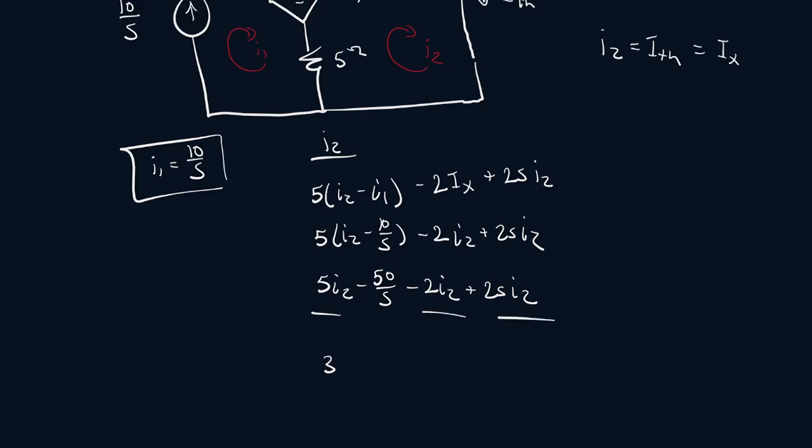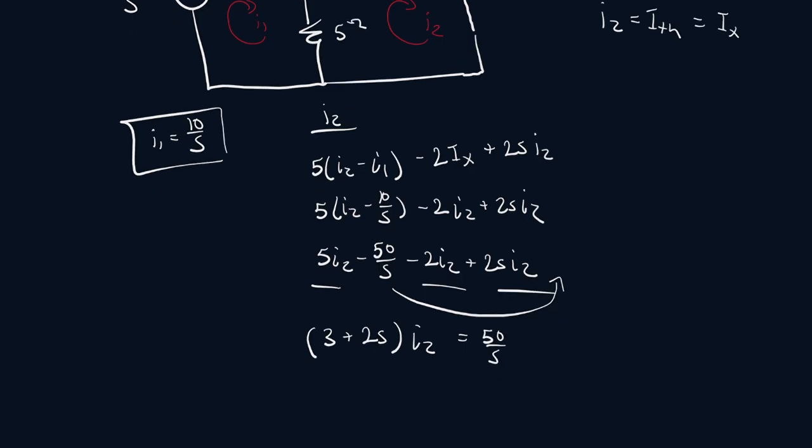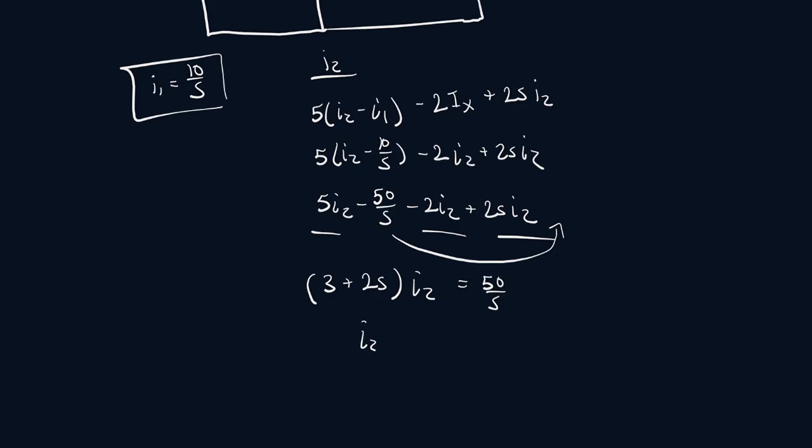So that's 3 plus 2S times I2, and let's bring this to the other side. So it'll be 50 over S, and I2 is pretty much just 50 over S times 3 plus 2S. Okay, and this is equal to your I Thevenin.